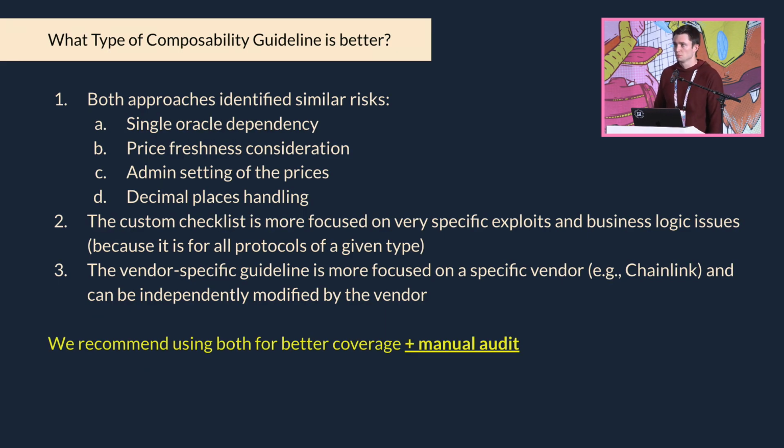Also, your list, if you're an auditor, even if you've been doing it for a long time, is not always going to be completely specific to the protocol that you are auditing. Just because it has a Chainlink integration doesn't mean that it doesn't do something unique or different with it than you've seen in previous audits. So ultimately, we always recommend using both, and then of course, a manual audit to cover those gaps where you might have unique scenarios.